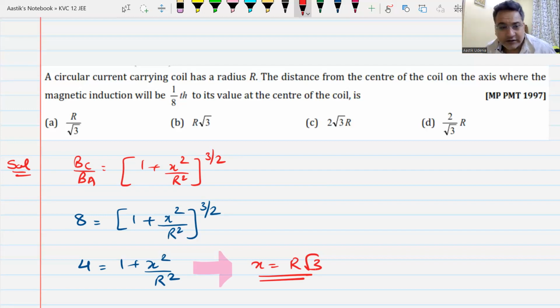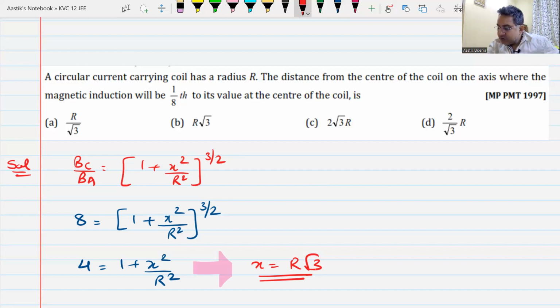Now, before saying final bye-bye to Biot Savart law, we have only seen one way of writing Biot Savart law. That was in the form of current and current carrying element. It can be written in other forms as well, three forms basically.